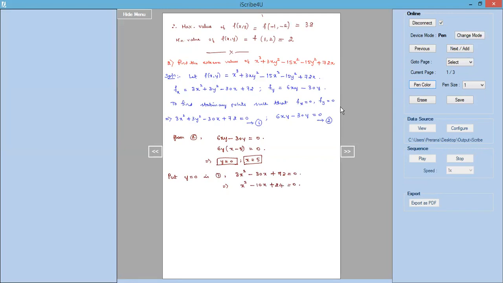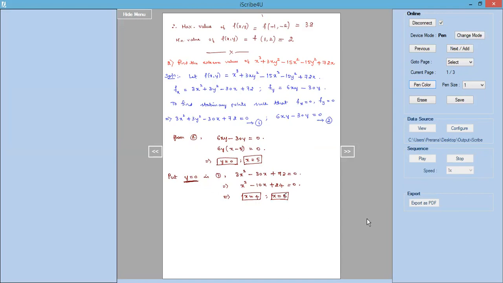We have got a quadratic equation. When we solve this quadratic equation, we get the values of x as 4 and 6. We have got these two values of x starting from y is equal to 0. So we can group the stationary points from this as 4, 0 and 6, 0.